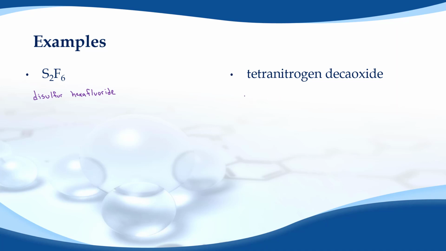If we look at this, nitrogen is N, tetra means 4, so we have N4. Oxide is O, deca means 10, so O10. So the formula for tetranitrogen decaoxide is N4O10.